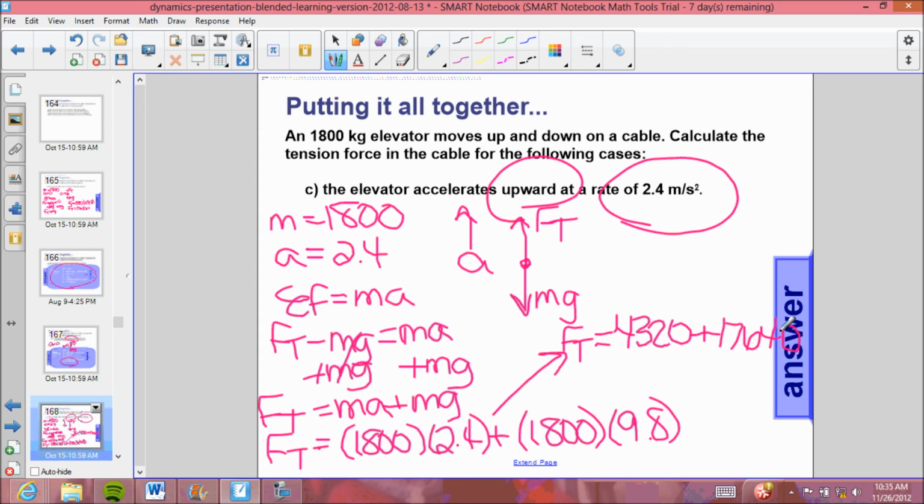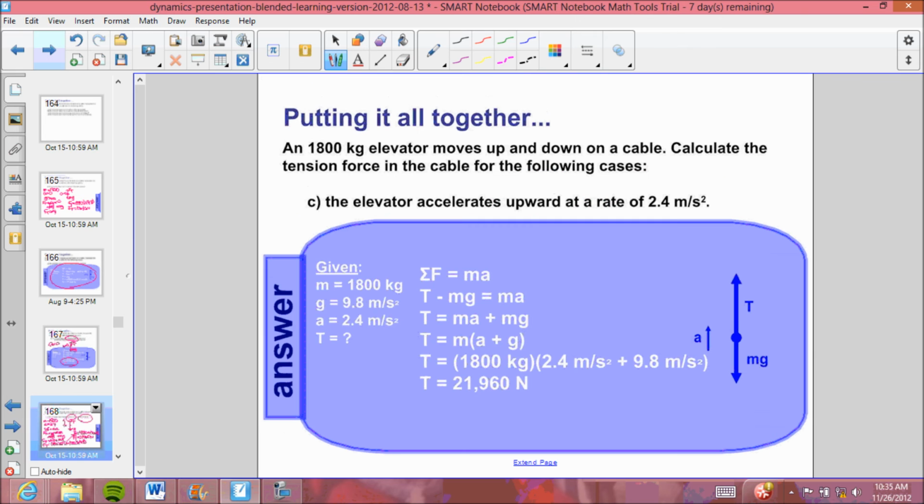And when we add them together, we get that our Ft equals 21,960 newtons. So now, we see that's the answer.